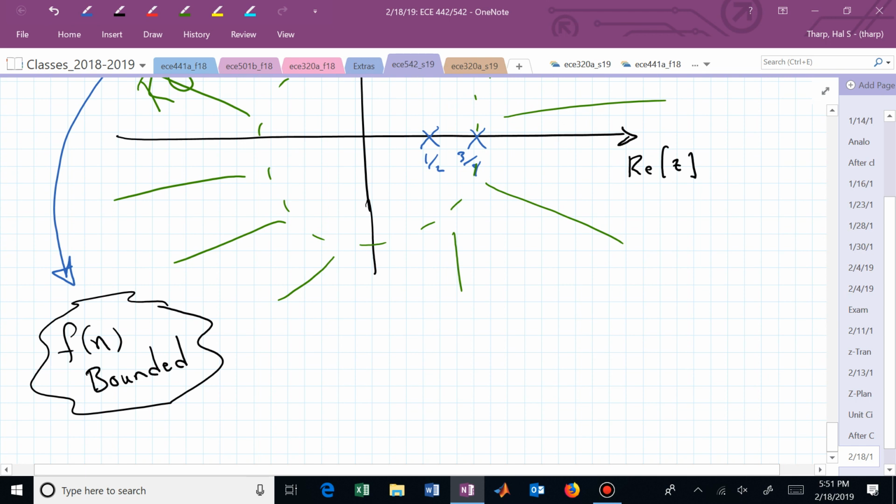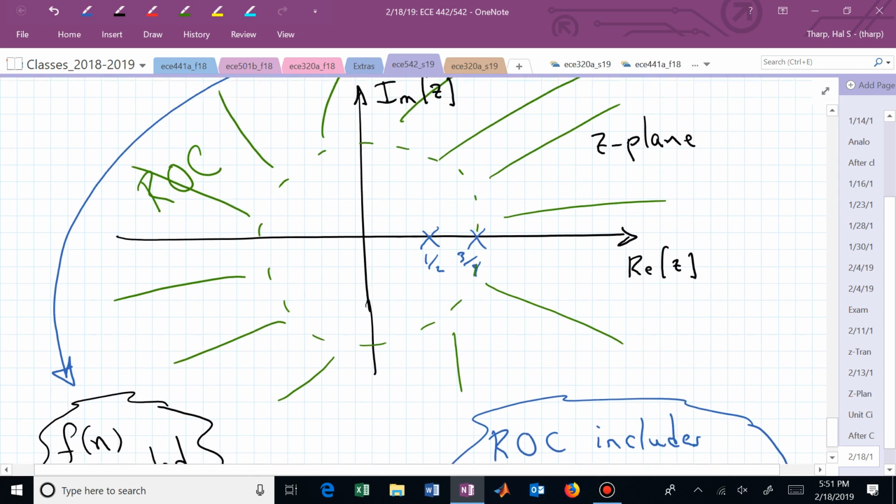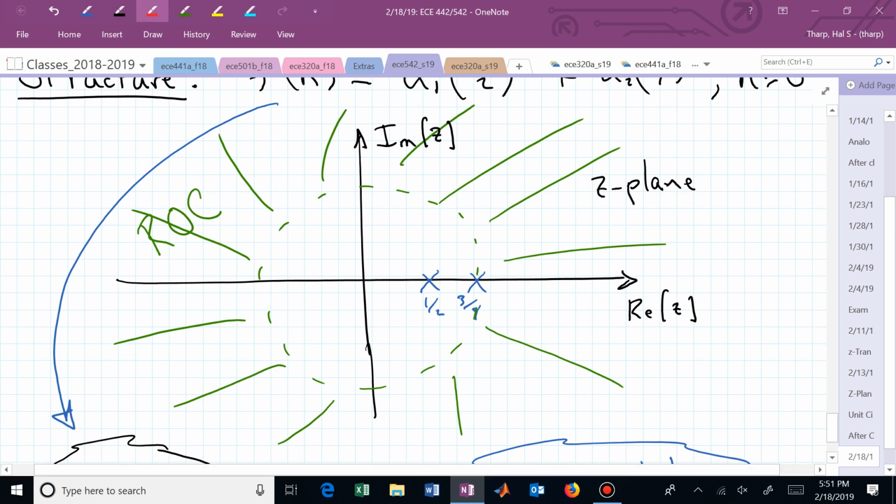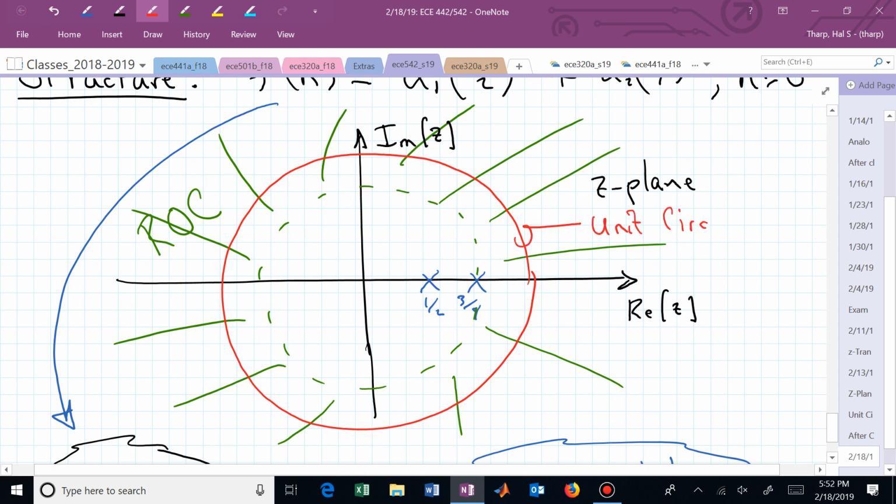Or you could have said, which I think I overheard, that the region of convergence includes the unit circle. Meaning, if we now sketched the unit circle, if we put that into our z-plane sketch, do you see that it now is included in the region of convergence?